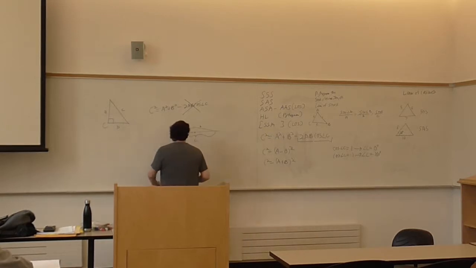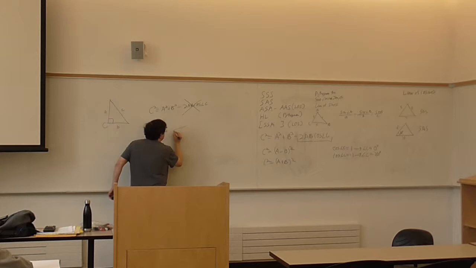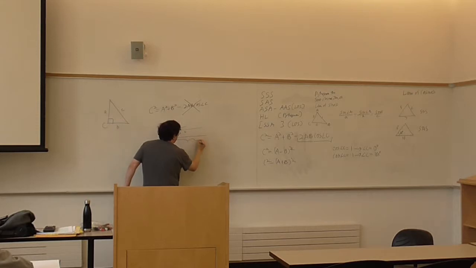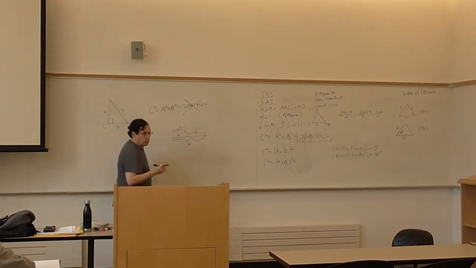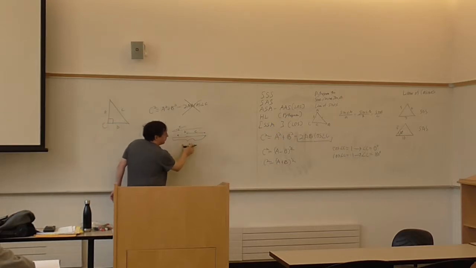What would a 0-degree angle look like between a and b? Well, there's a and there's b, and we let this angle get smaller and smaller until it's 0. So here you have a, and here you have b. But then c, the third leg, is this piece here. Well, again, it makes sense, because it doesn't really matter whether it's a minus b, does it?